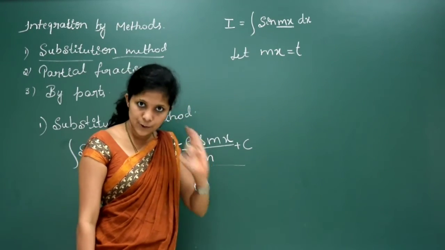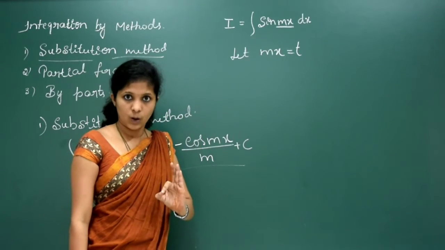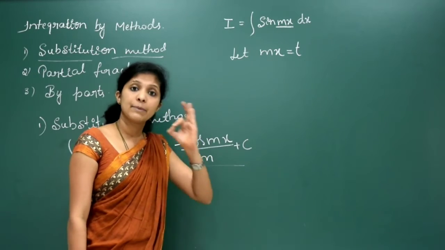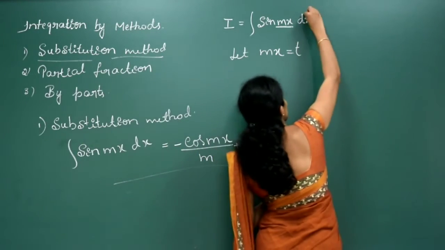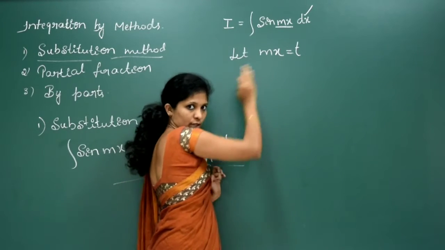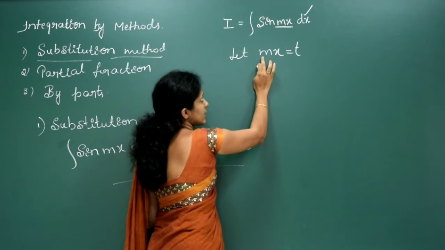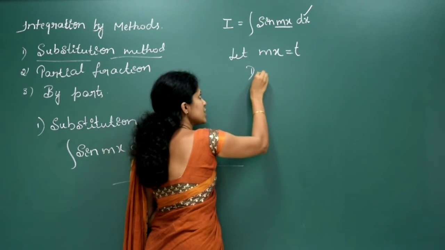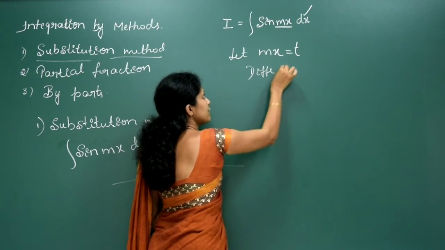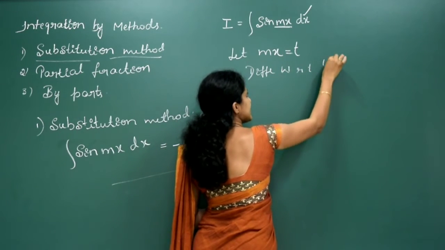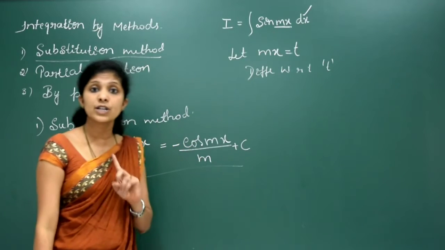After giving the substitution, you need to differentiate, and by differentiating, you have to substitute the value for dx. Is it clear? I have given mx is equal to t. Now differentiate. Remember, we are not integrating here; you are differentiating the function.